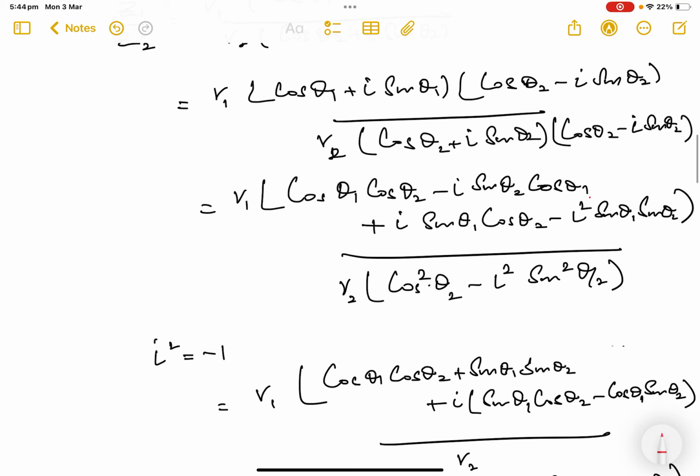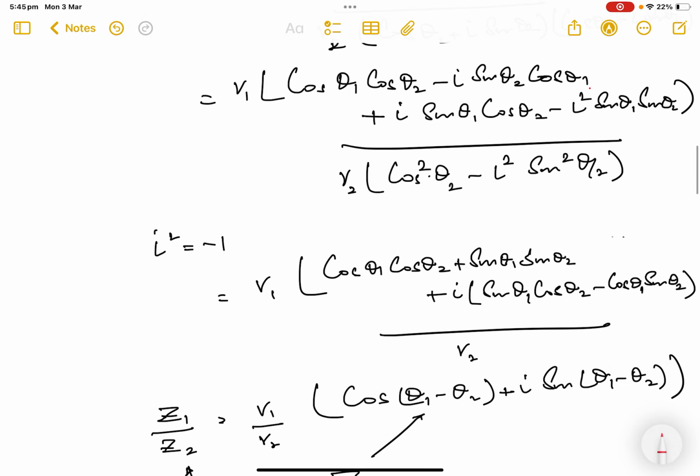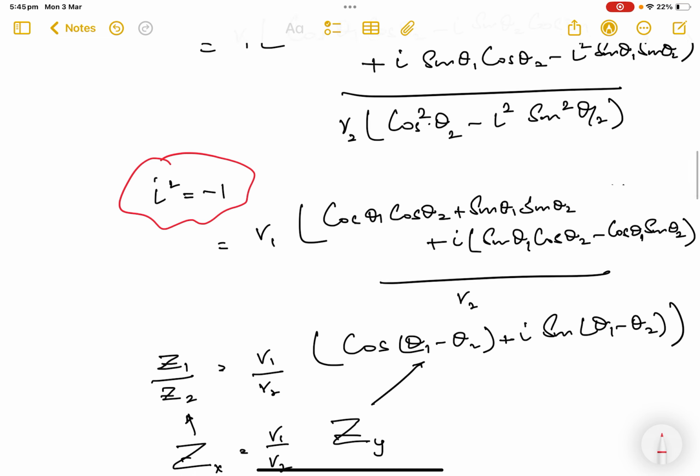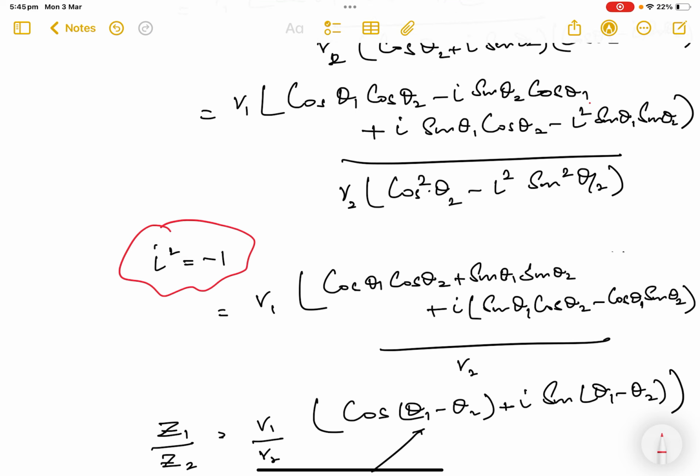The denominator is a plus b times a minus b, therefore cos squared theta 2 minus i squared sine squared theta 2. i squared is minus 1. Therefore the numerator is R1 times cos theta 1 cos theta 2 plus sine theta 1 sine theta 2, rearranging it. Since i squared is minus 1, minus minus gives plus, so sine theta 1 sine theta 2.